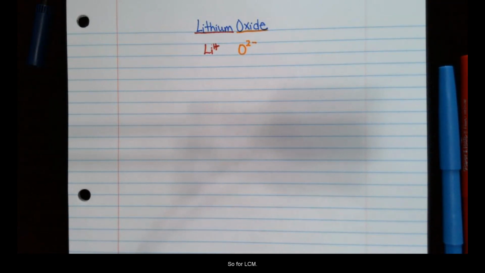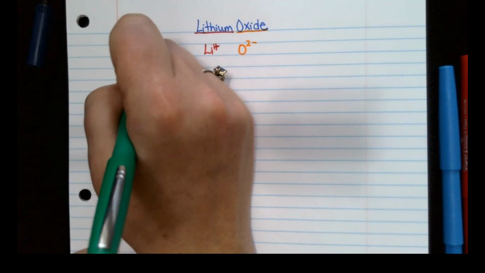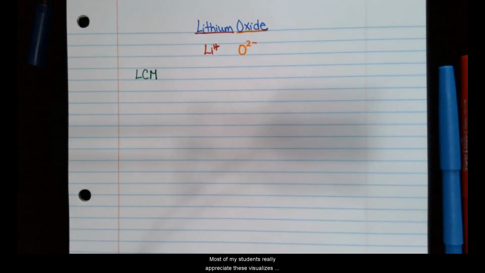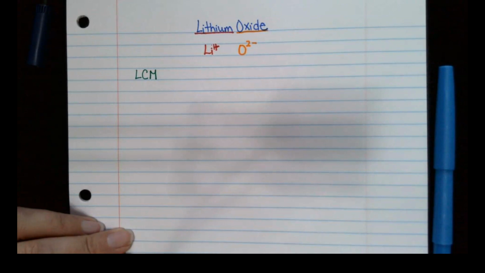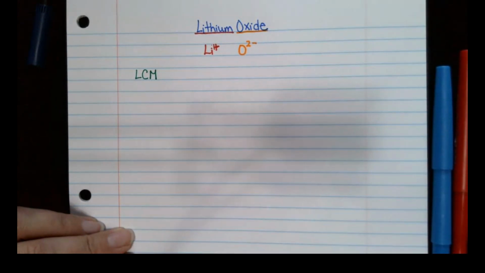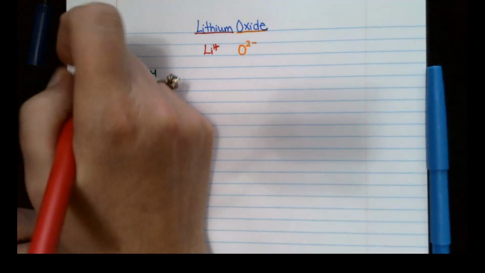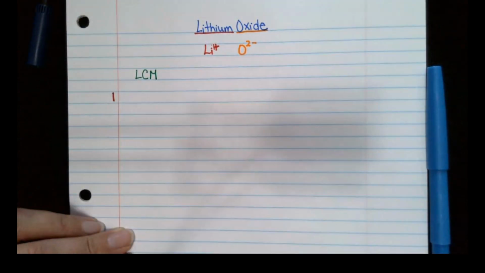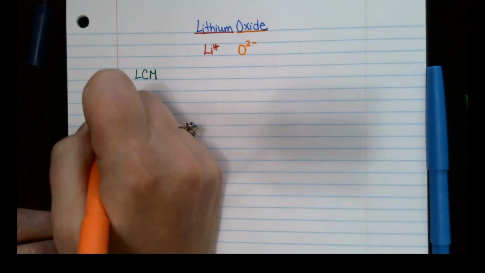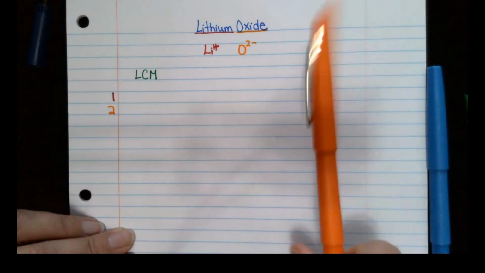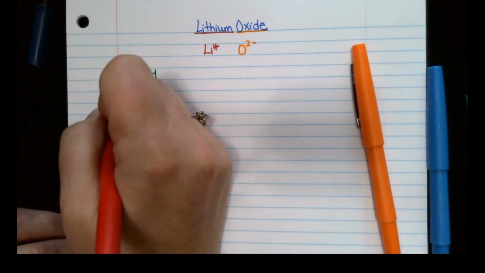So for LCM, which is one that most of my students really appreciate because it visualizes and then automatically reduces it for you, which sometimes is that extra step on the Criss-Cross that they struggle with, you're going to take just the charge numbers and write them out here. So I have 1 and I have 2.